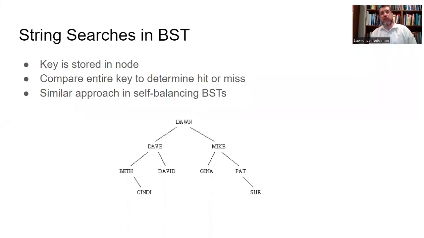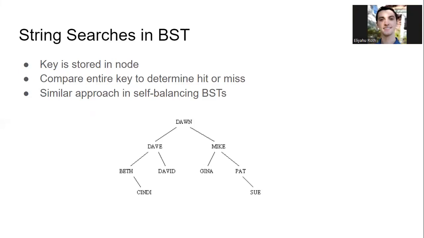Everyone see that this is a binary search tree? How would I find David? I start at Dawn and see if David is earlier. I compare David to Dawn and determine that it's less than Dawn, so I go to the left and compare it to Dave. But before I do that, how do I compare David to Dawn?